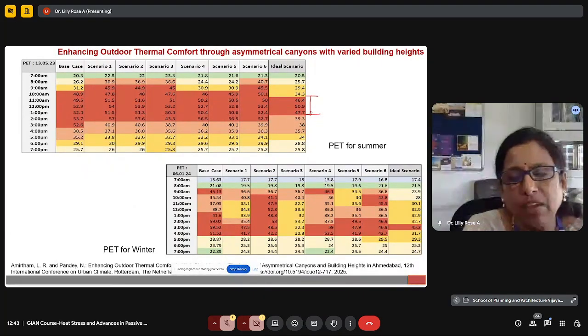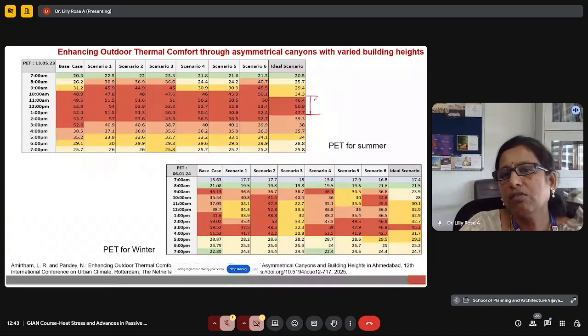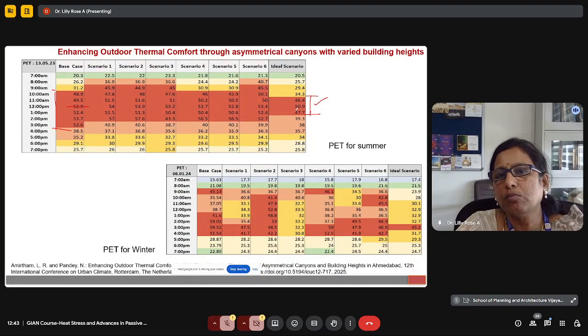That did not vary. With that variation, we could reduce from about 6 hours of extreme heat stress to about 3 hours, and a significant reduction of 2 degrees Celsius in the PET.